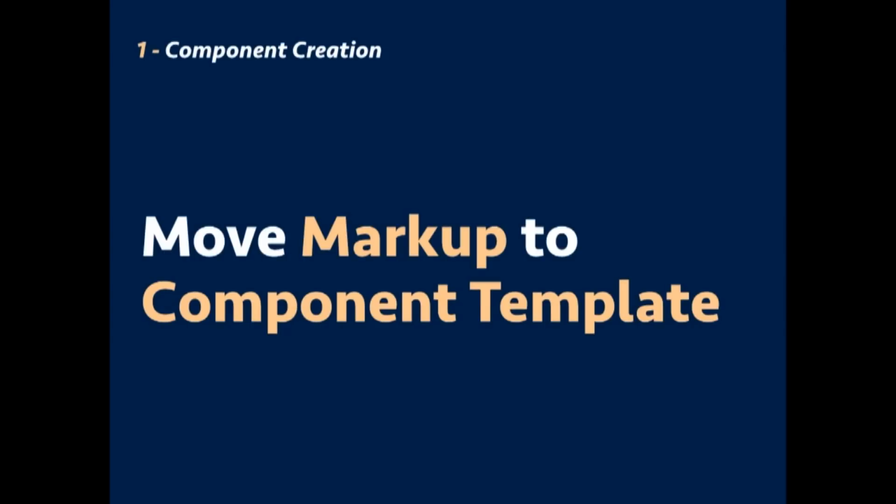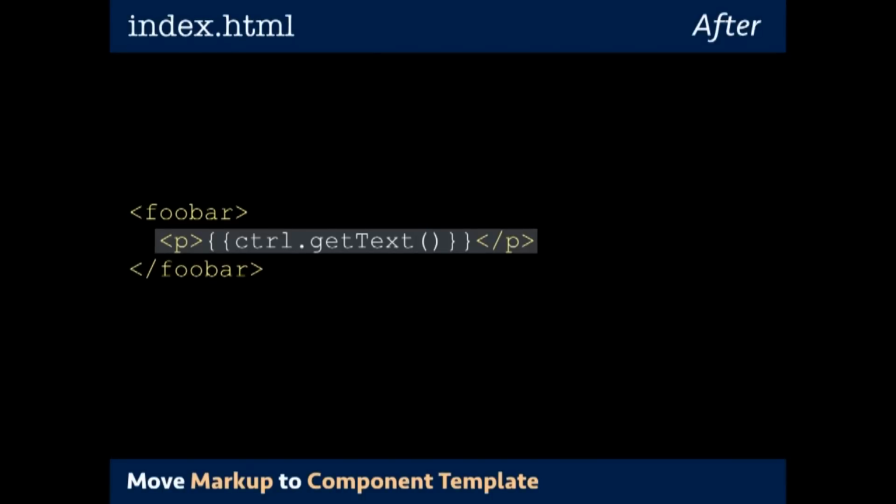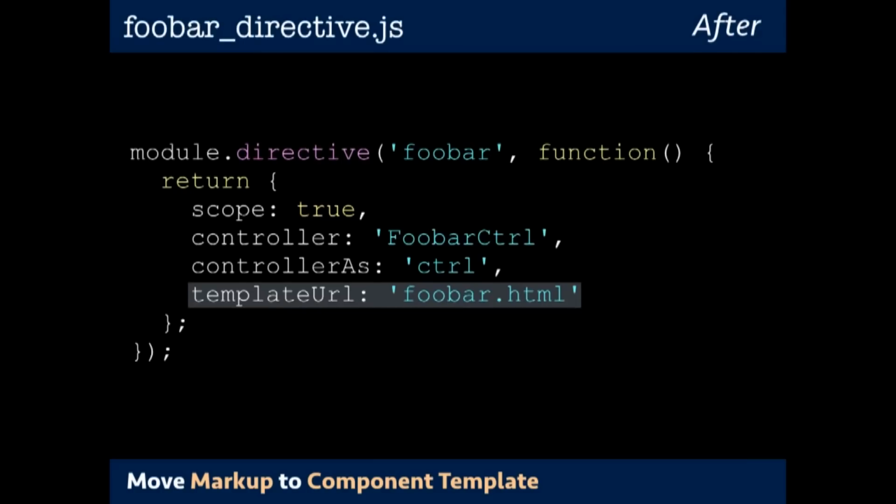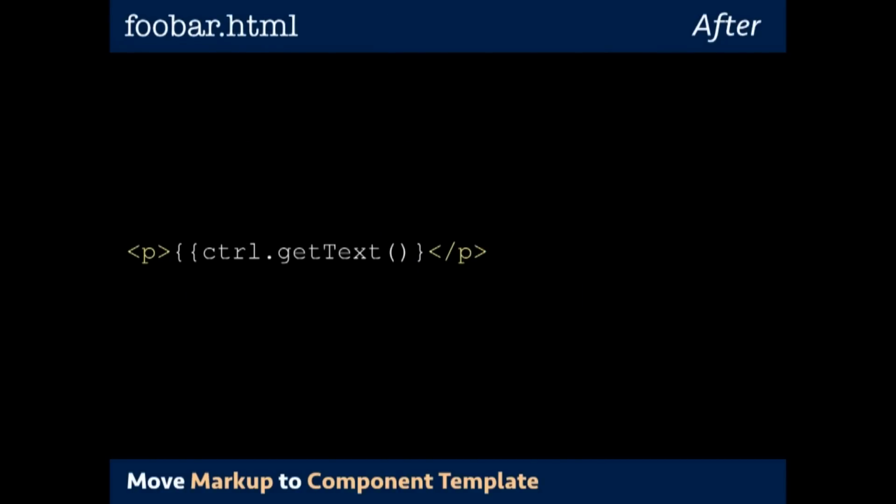So what follows from that is usually that these inner elements from inside this are actually something that should go into the component template. So this markup that used to be nested in that big template, you create a new template for it that goes with that new component. And you reference that in the directive, and you move that part of the UI in there.